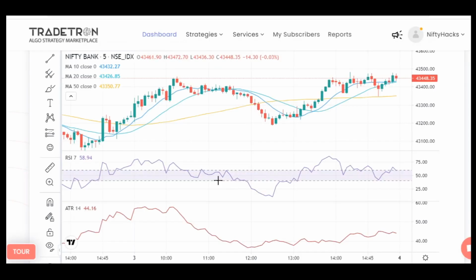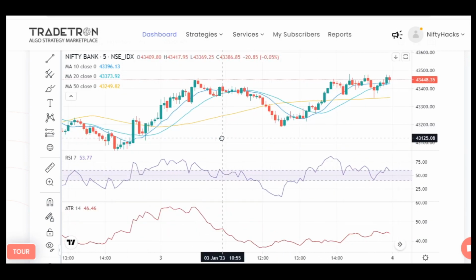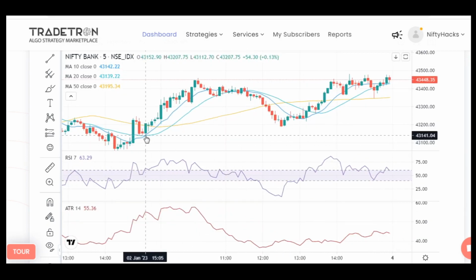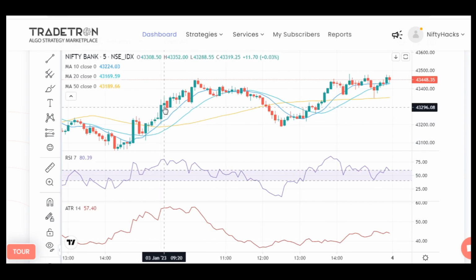Let's check that. This is the chart for today. The first entry is on this candle at 9:20. Why was this entry taken?